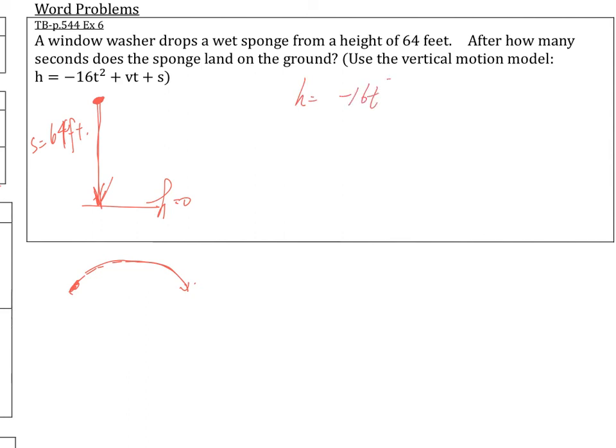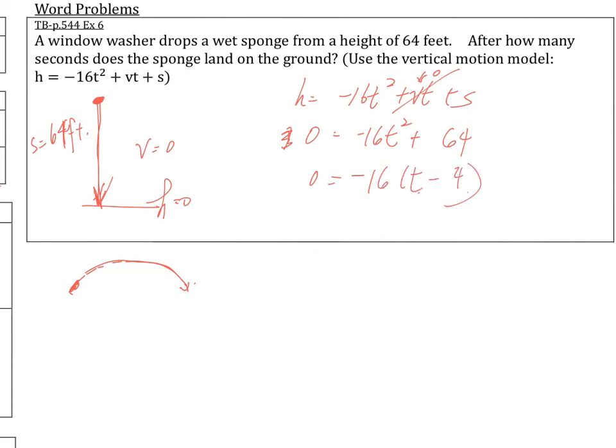Okay, so when we use the vertical motion model here, we need to let v equal 0. So I'm going to substitute 0 in for h. And since v is 0, this is canceled out, and s will be 64. Now I can factor out the -16.